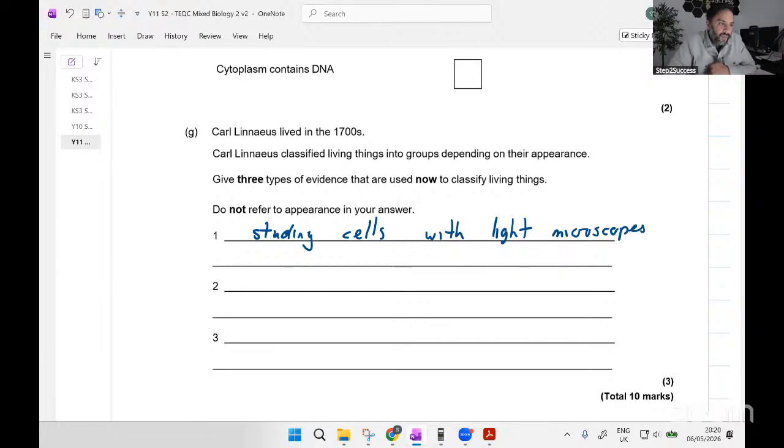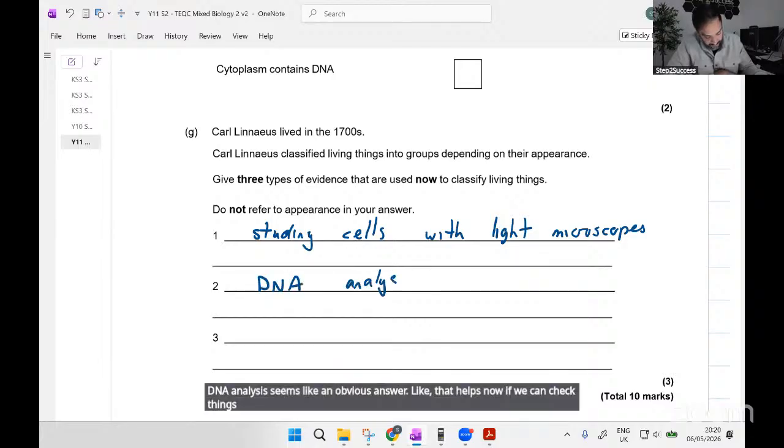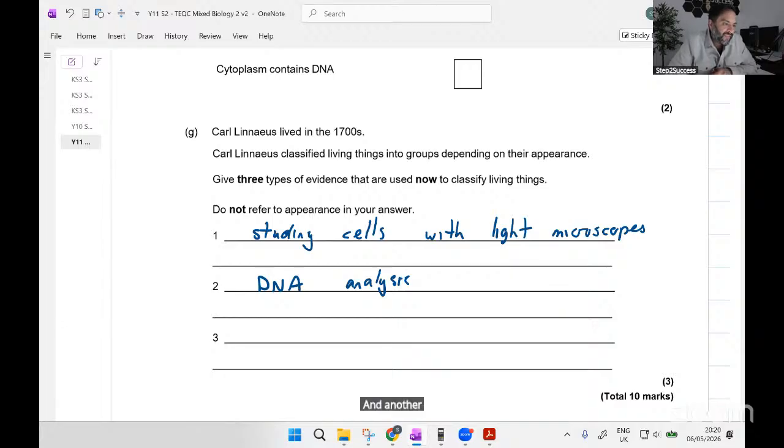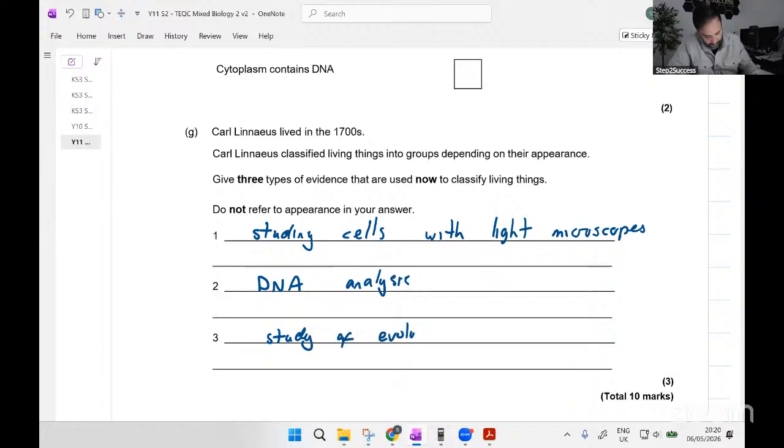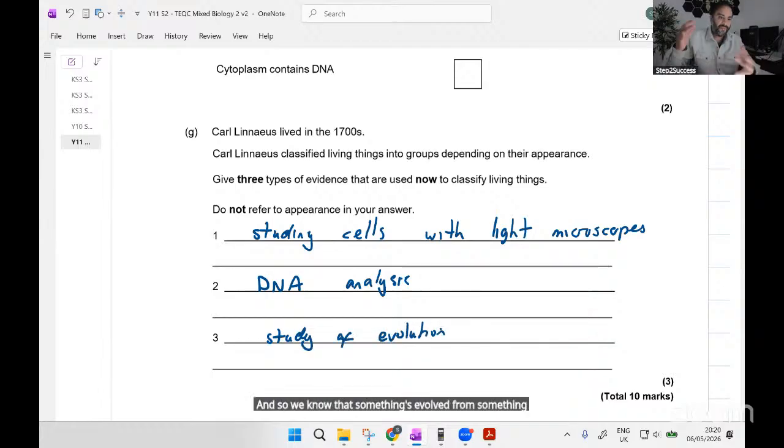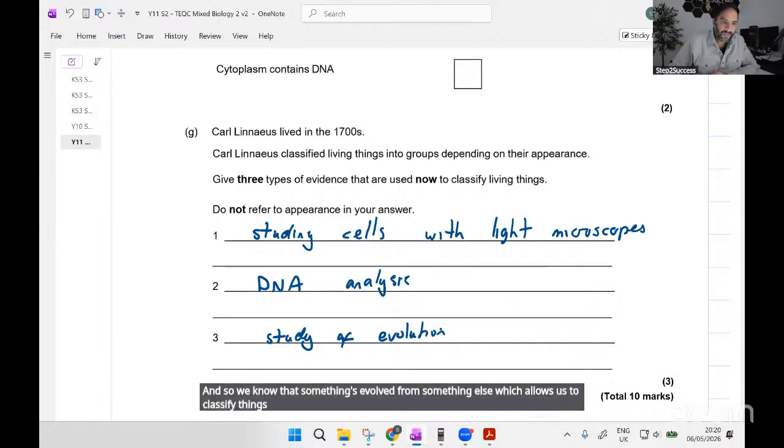DNA analysis seems like an obvious answer. That helps now, we can check things like DNA to classify things properly. And another simple-ish answer would be study of evolution. So we know that something's evolved from something else, which allows us to classify things appropriately.